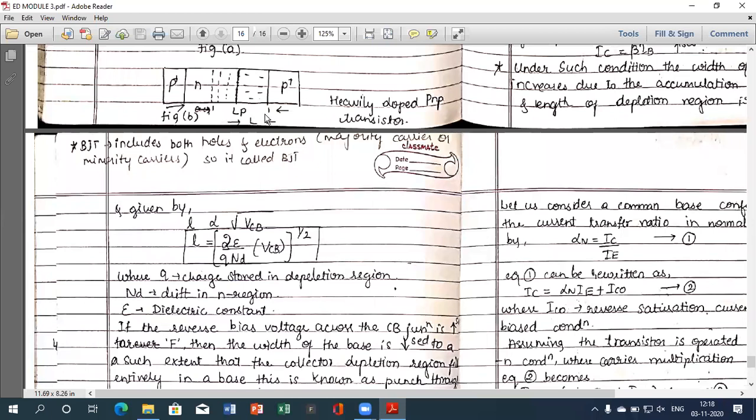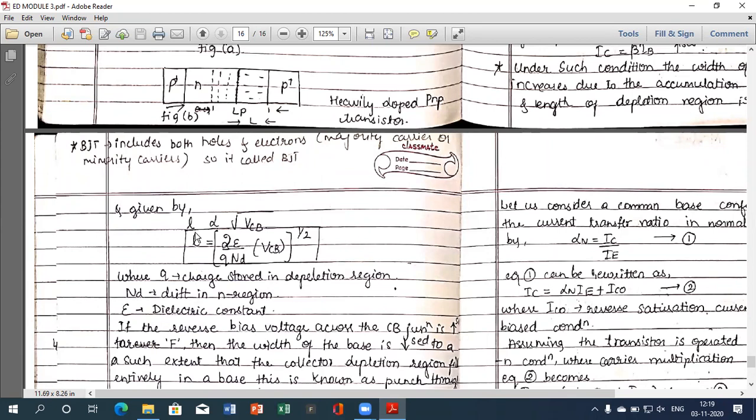If you go on increasing the reverse bias voltage up to a particular value, this collector terminal will touch the emitter terminal, and then this PNP transistor will lose its characteristics and get damaged. So you have to take care of that L, which can connect directly from collector to emitter, making the base, that is N type, very narrow.